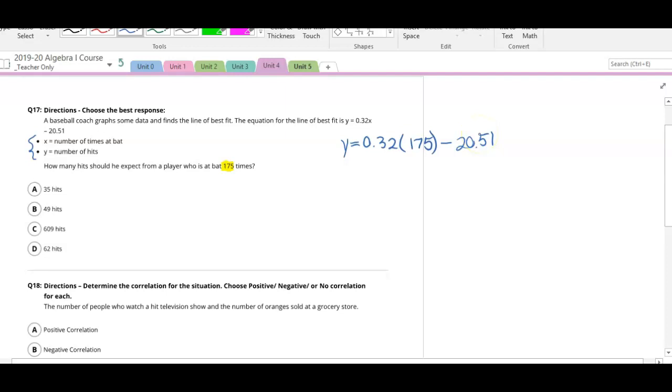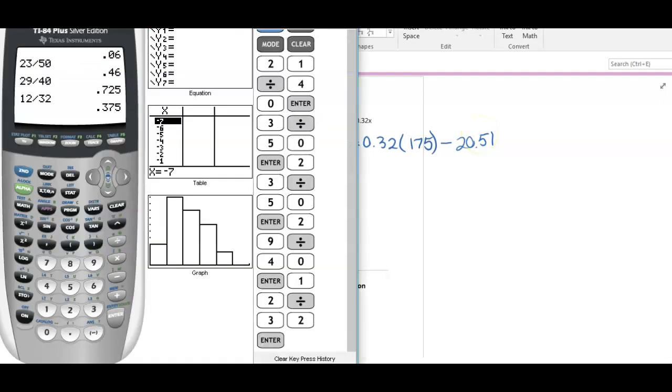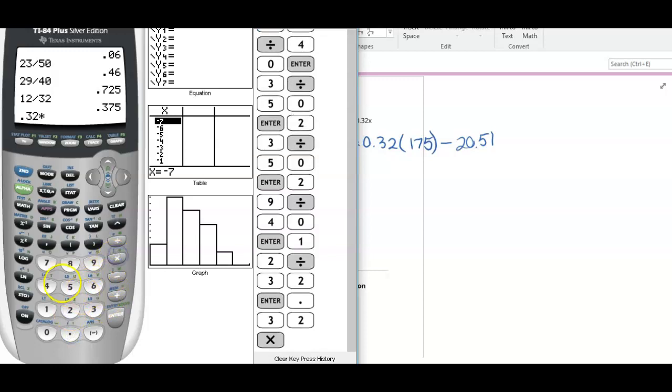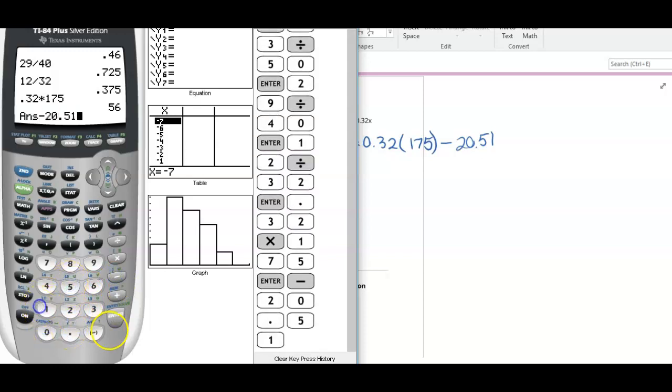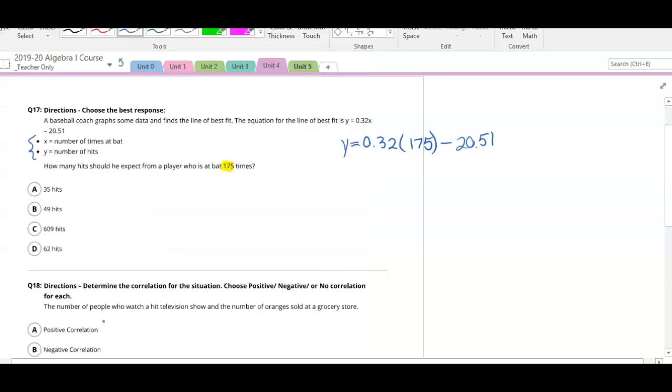This will give us the number of hits. Using our calculator, 0.32 times 175, take away 20.51. We should expect about 35.5, so 35. Final answer.